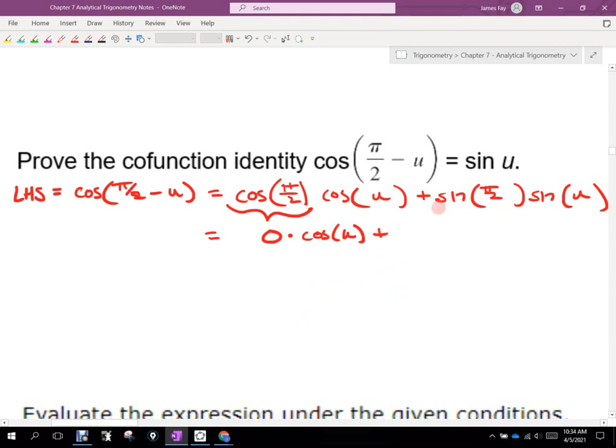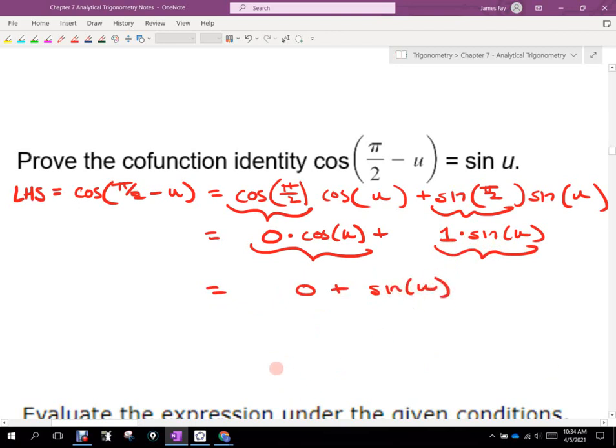What's the sine of pi over 2? 1. I can evaluate that. Now, I don't know u, so I can't evaluate sine of u. But what does that go to? 0. And this goes to sine of u, right? What's 0 plus sine of u? Sine of u. Is that my right-hand side? So we're done.